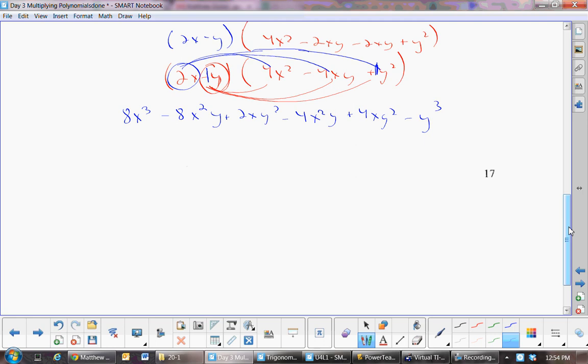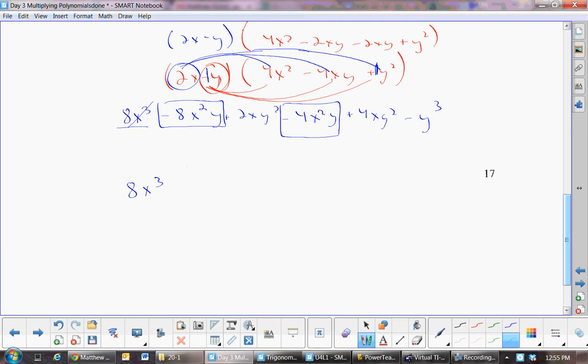Now, 8x cubed. Anyone to play with? No. So 8x cubed is all by himself. Okay, I got a negative 8x squared y. Is there another x squared y? There's this one, and there's this one, and is there another one?